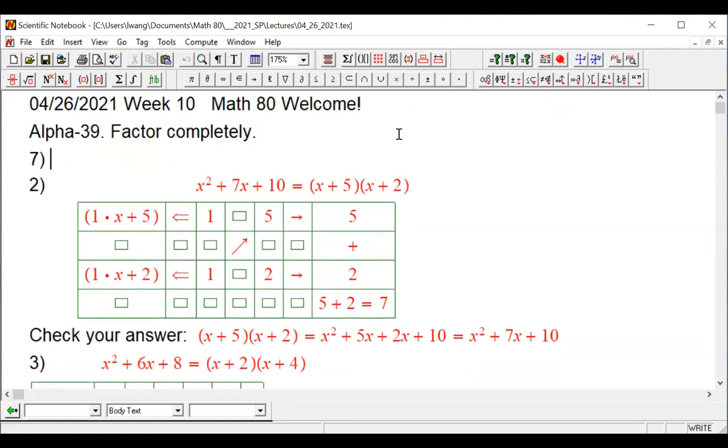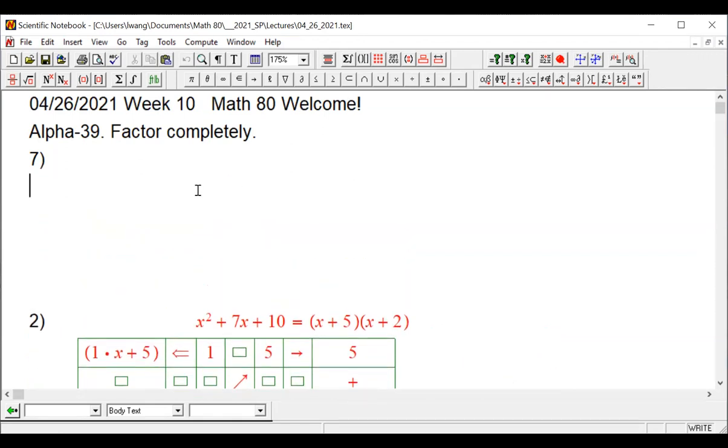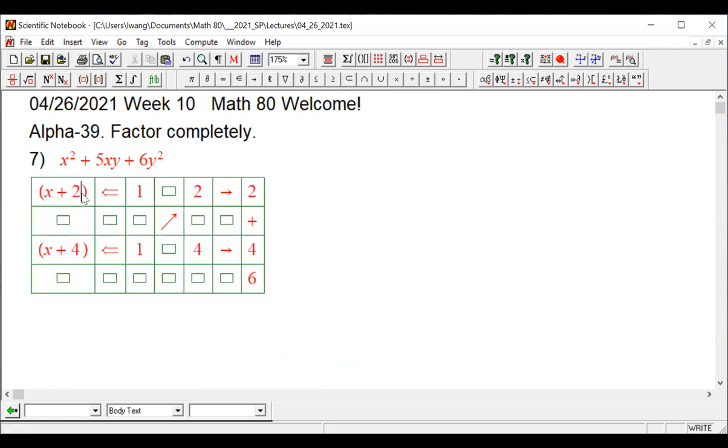We have 2 variables in consideration. The quadratic form we have is x squared plus 5xy plus 6y squared. Okay, so we have our setup.